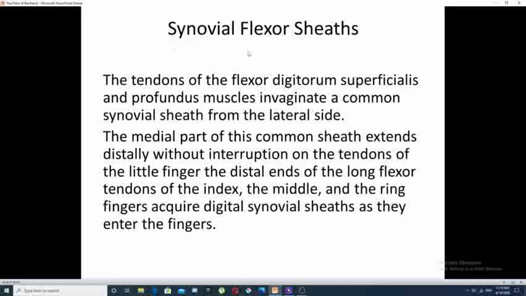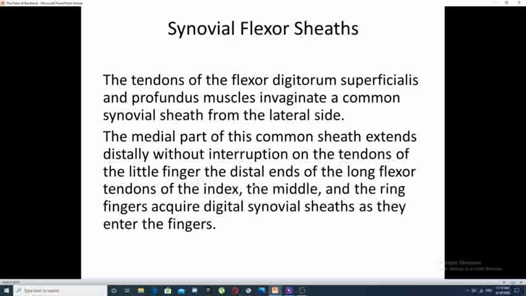Synovial flexor sheaths. The tendons of the flexor digitorum superficialis and profundus muscles are invaginated or surrounded by a common synovial sheath from the lateral sides, and the medial part of this common sheath extends distally without interruption on the tendon of the little finger.